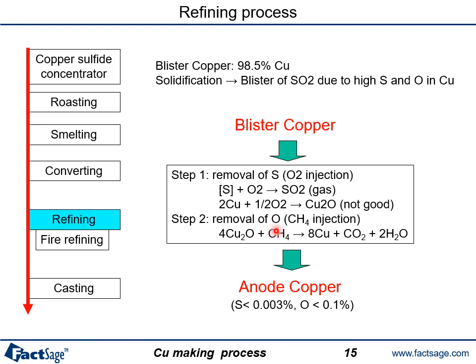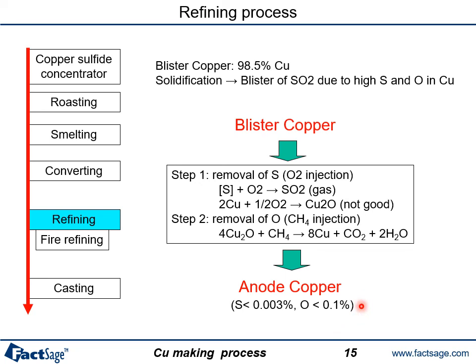Removing oxygen is typically done by the addition of CH4 gas. CH4 reacts with oxygen or Cu2O and makes CO2 and H2O gas. In this way, you can remove the oxygen from the liquid copper. Then you can get the anode copper grade, which is 99.9% or more pure, and the sulfur and oxygen level can typically go into this range.